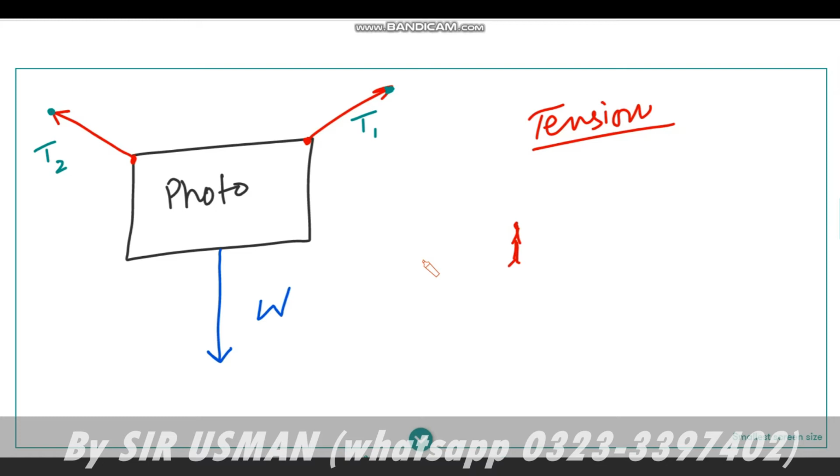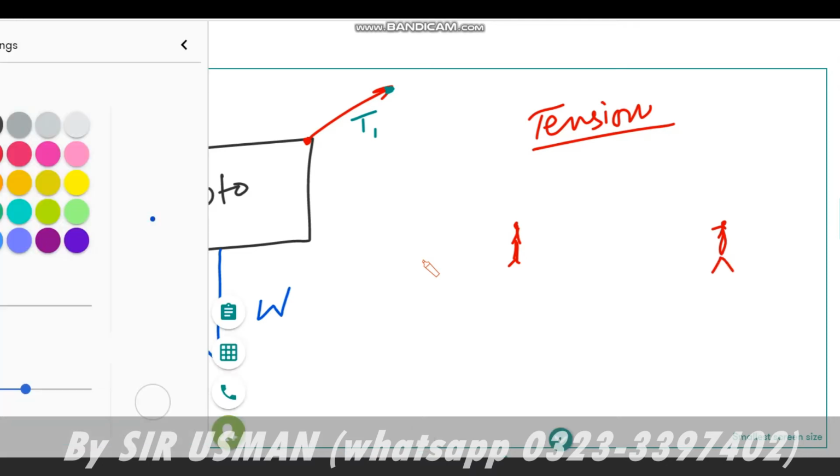Okay, let's say there is a person and there is another person, and they are both holding a string. This is a string. So person A, person B. Person A is pulling the string towards itself, and person B is also pulling it towards itself.